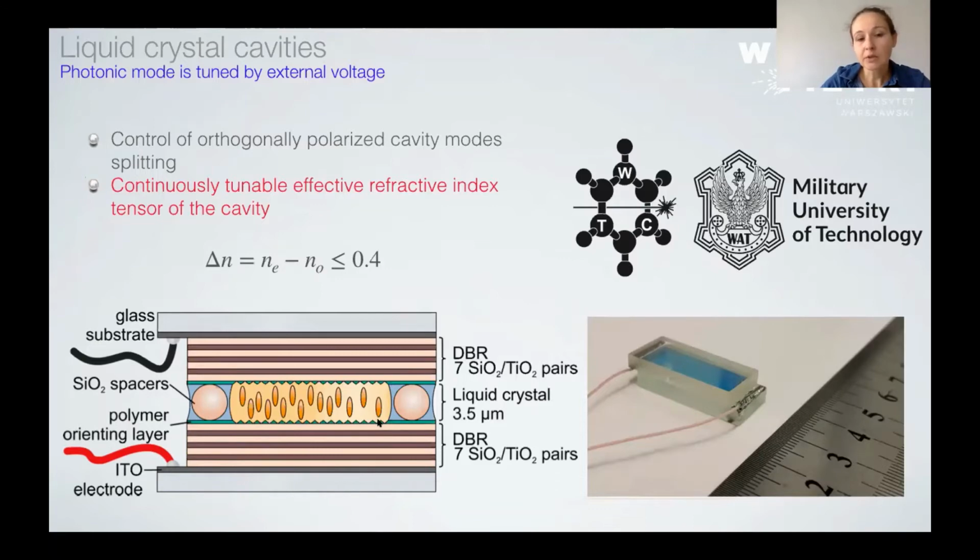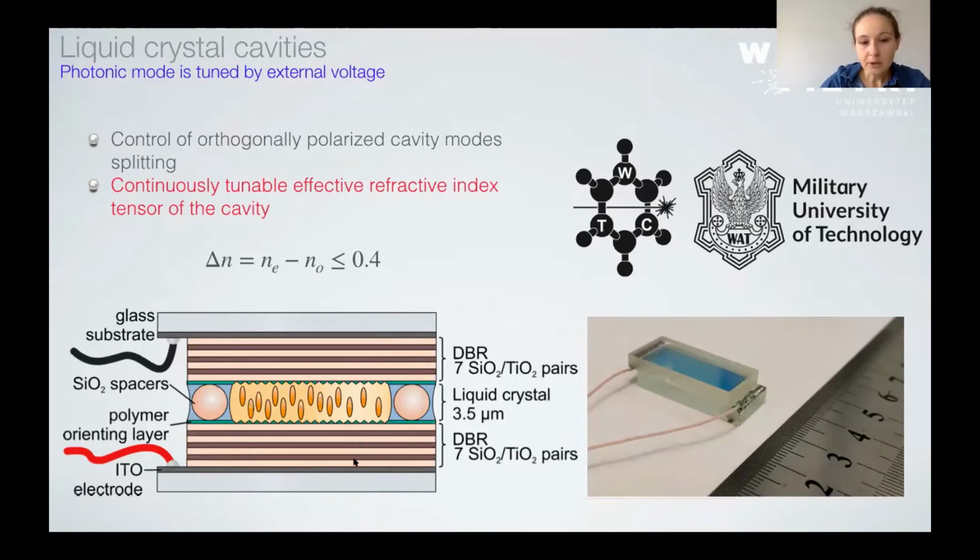The liquid crystal is an elongated molecule for which we can tune the difference between the extraordinary and the ordinary refractive indices, from 0 to 0.4. I will show you in a minute how we can do it. But this is our whole structure.